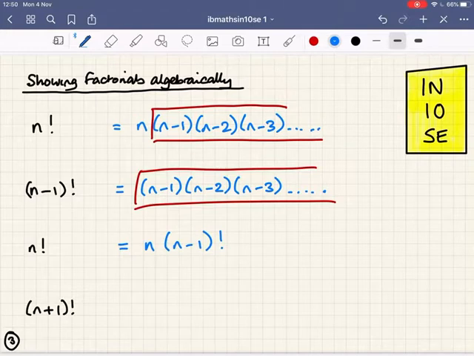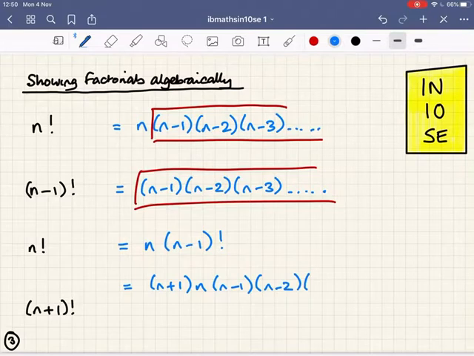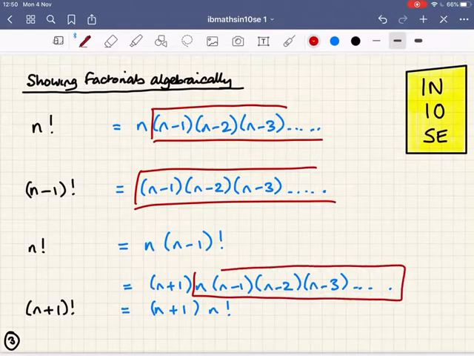And n plus 1 factorial, we could write that a number of ways. Of course, it's n plus 1 times n times n minus 1 times n minus 2, going down by 1 every time, n minus 3, so on. But looking at the patterns from above, you can see that that's the same as n plus 1 times n factorial, because if you look at this bit, this is n factorial.